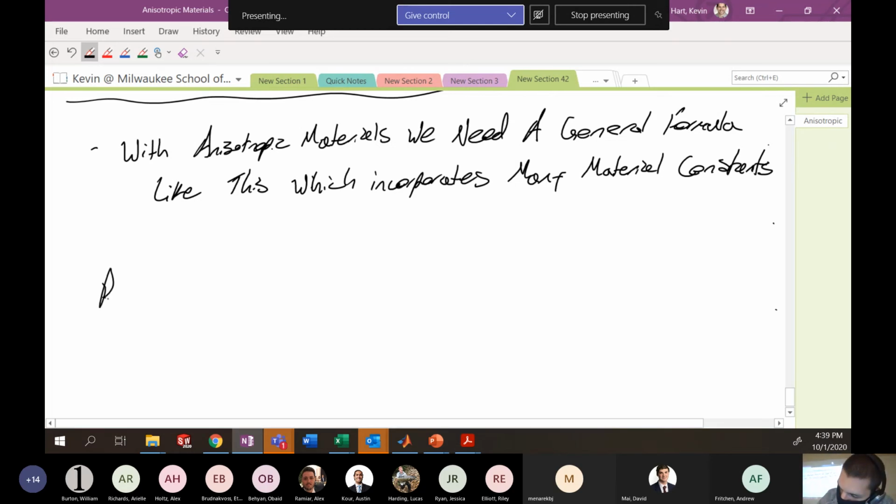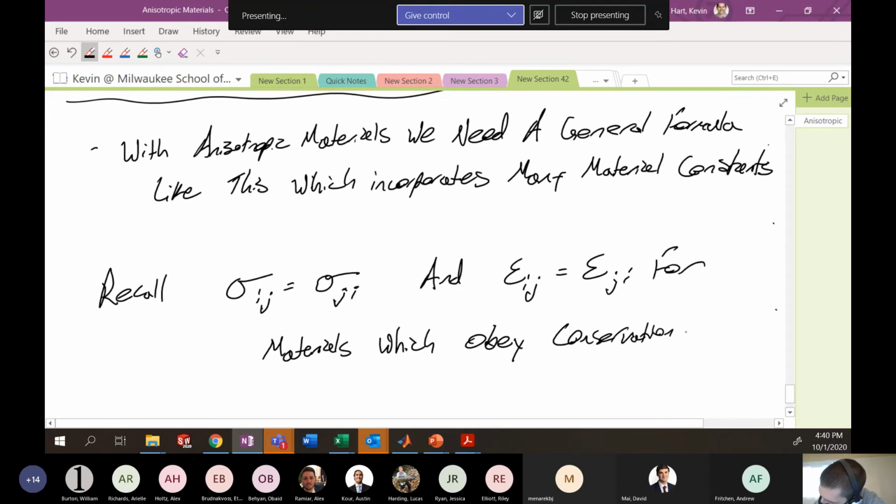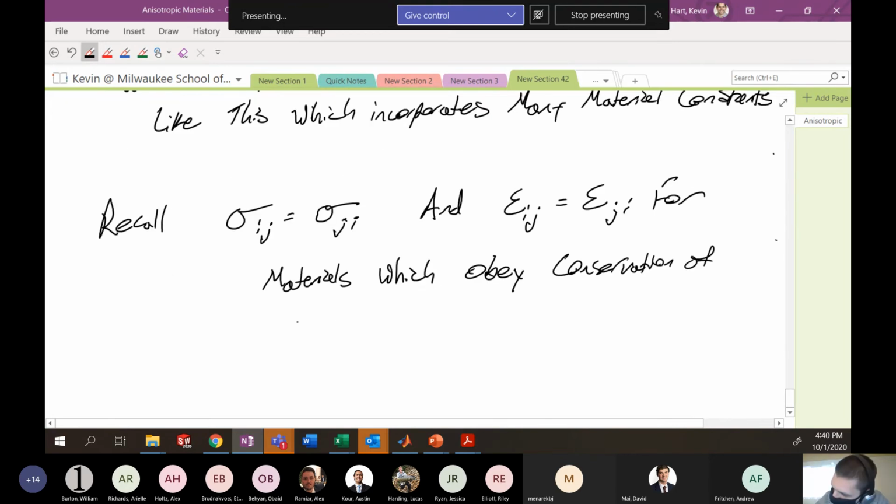And let's recall that sigma ij equals sigma ji, and epsilon ij equals epsilon ji for materials which obey conservation of angular momentum.